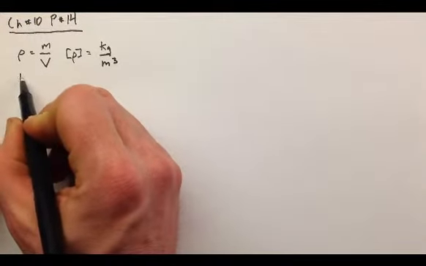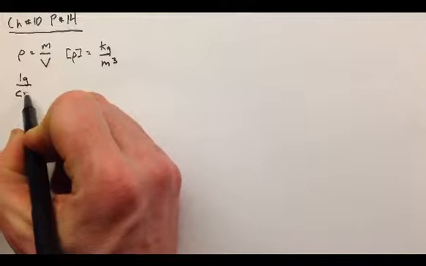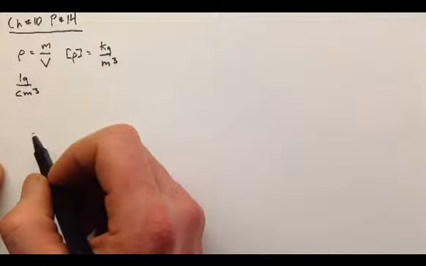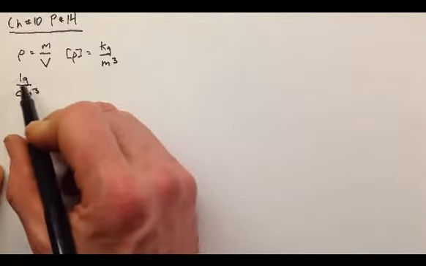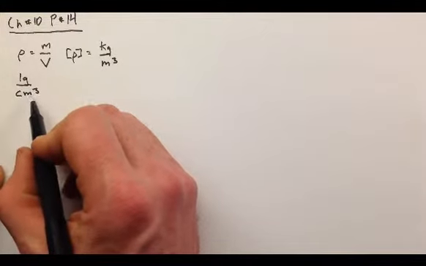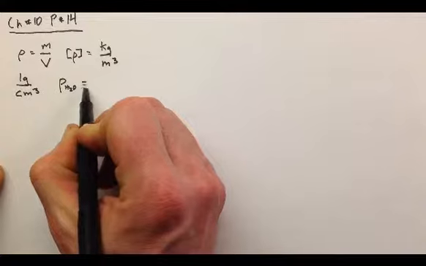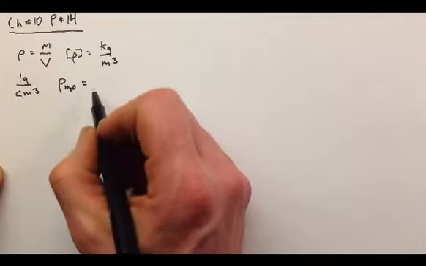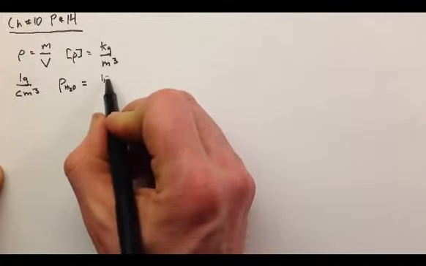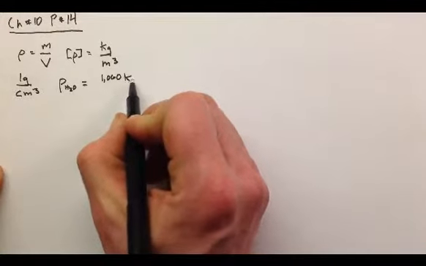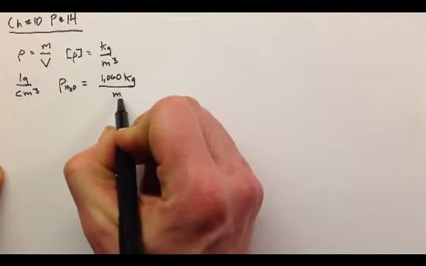So one number you will have to memorize is the density of water. Okay, so in chemistry class, the density of water was 1 gram per centimeter cubed. But in physics class, the density of water is going to be 1,000 kilograms per cubic meter.